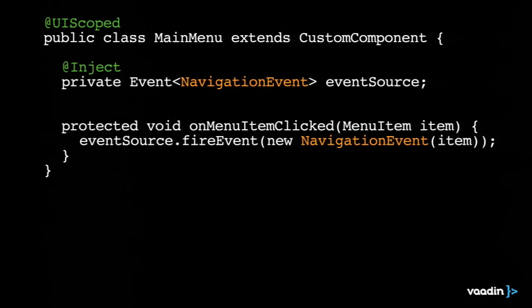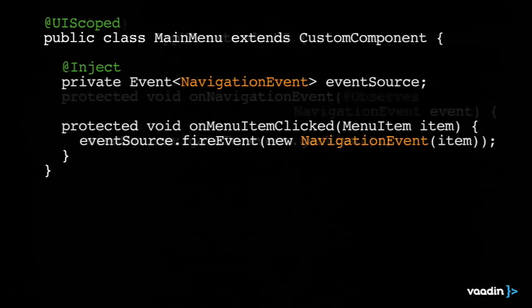With CDI, you can fire an event into the event bus, in this case something called a navigation event, and you can listen for this event in all classes, all objects that are part of this same UI scope. So this way you could navigate in your application, even with multiple instances of the UI open in the same browser, and the events would only be delivered inside one particular UI instance.